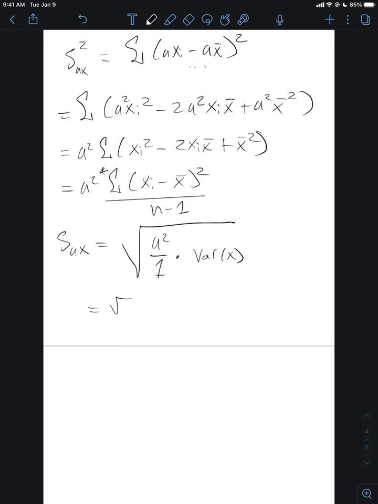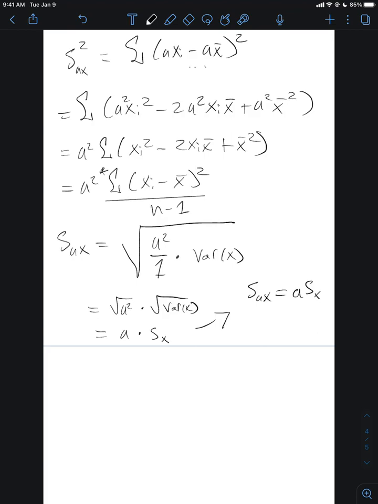So this is equal to the root of a squared, and that has to do with the fact that exponents distribute when you're multiplying, times the root of the variance. And so this just becomes a times the standard deviation of x. So the conclusion is that the standard deviation of a times x is equal to a times the standard deviation of x.